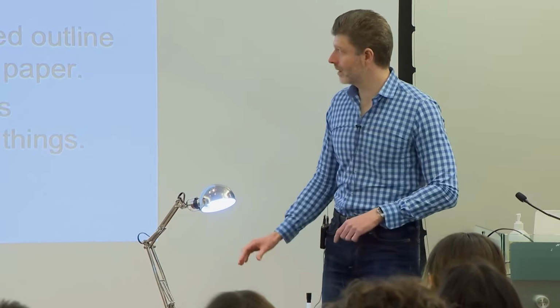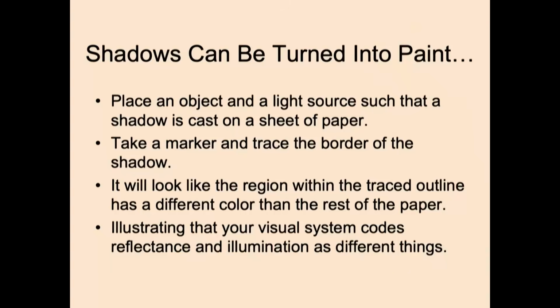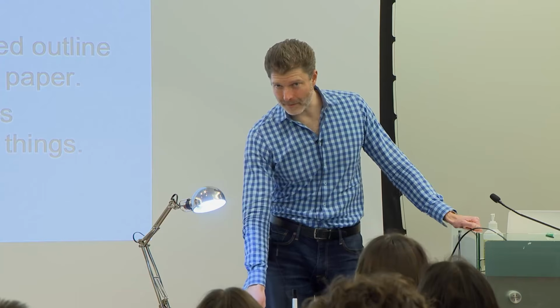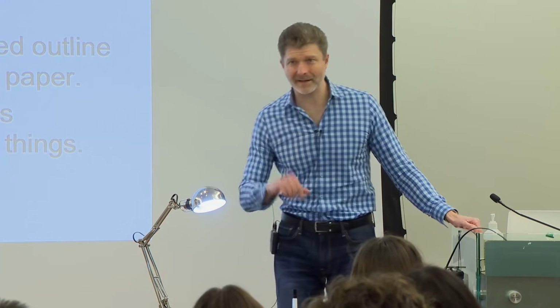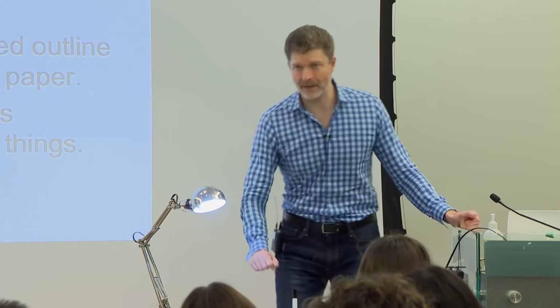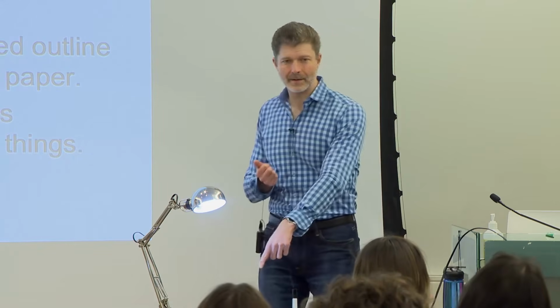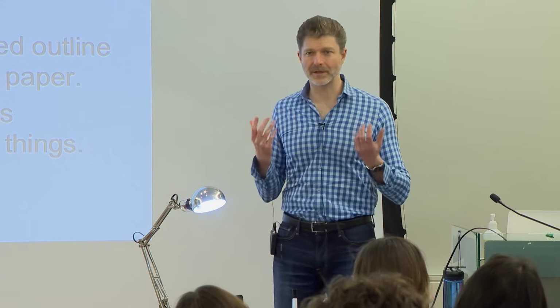And it will look like the region within the traced outline has a different color than the rest of the paper. Now, in fact, the number of photons being reflected by the paper in the pattern inside here will be exactly the same. We're just going to add a little outline around it. But your brain will interpret those photons completely differently.